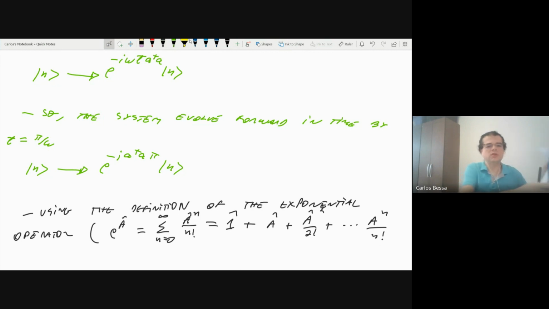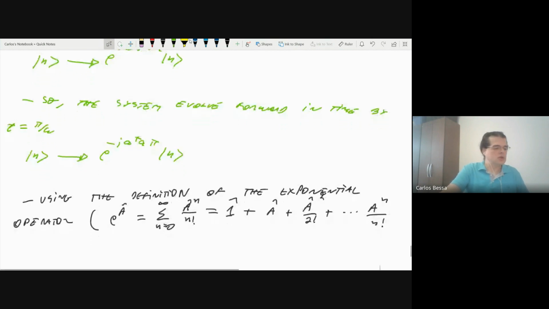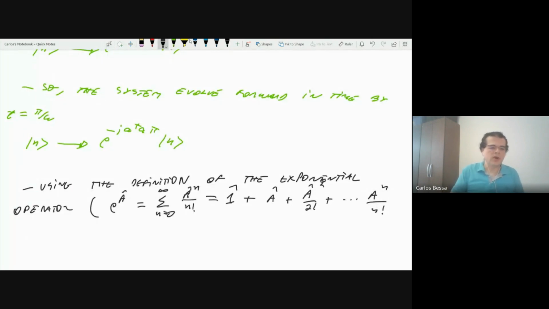So using this definition in this last term, we'll find that n evolves in time as the identity minus i pi a dagger a plus the other terms, applied to n.